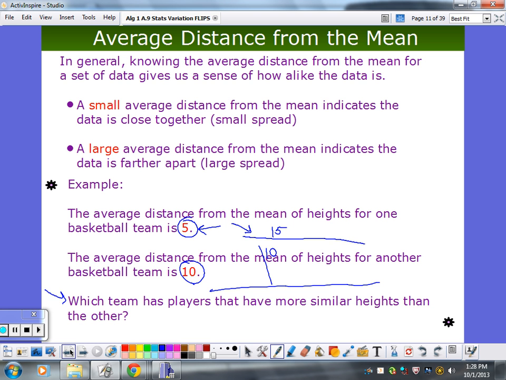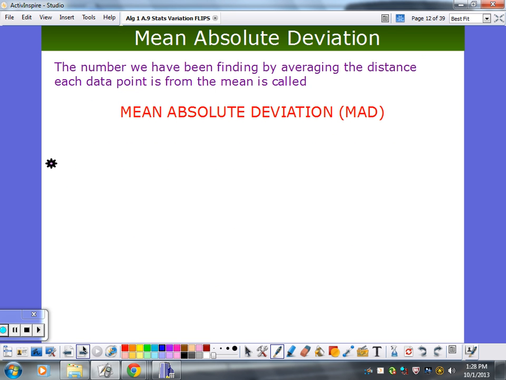So anyway, this is the big idea. If the average distance from the mean is small, the numbers are close together. If the average distance from the mean is big, then the numbers are farther apart. There's a bigger spread between them. Now, this thing that we've been doing all along has a name.